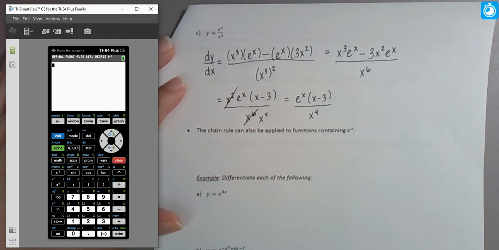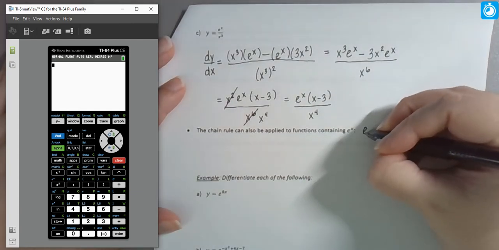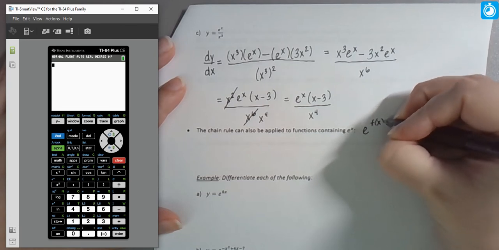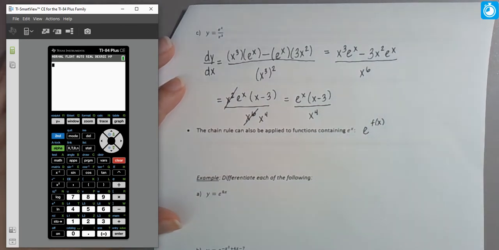So what would something involving the chain rule look like if we're talking about something of the form e to the x? Well, this would be something where we have the base e, but our exponent is a function in x, not just x itself, but something else involving x. So something of that form is what we would differentiate now using the chain rule.